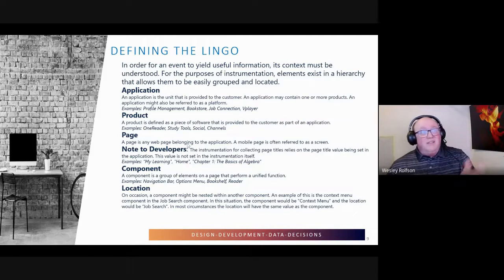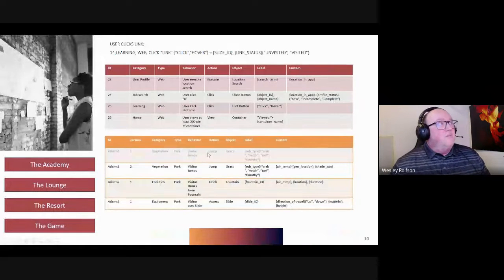They may get smart and realize if they look in their address bar, they don't have to start at your homepage, they can jump right to the job search. And we can track where they enter our website using a location, just like we can track which button in which component of what element they actually click or hover or whatever. So those are all important things to keep in mind. So this is an example.